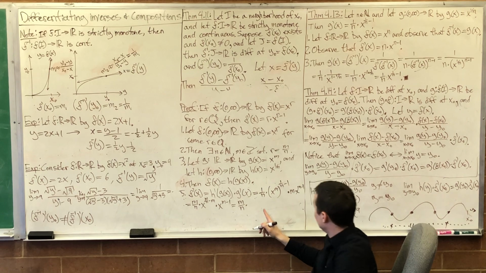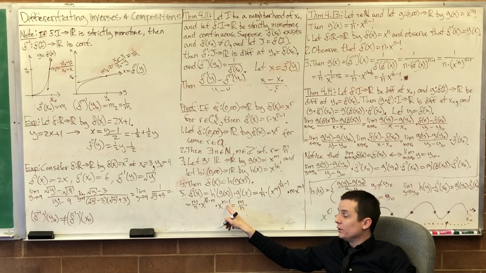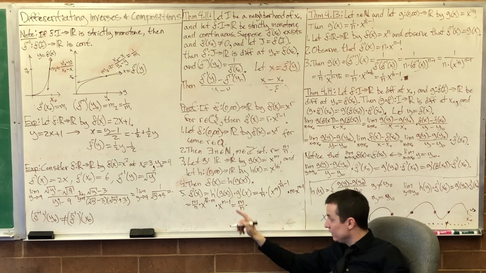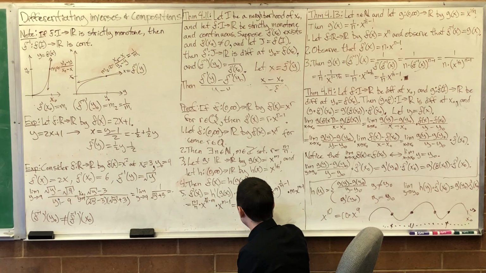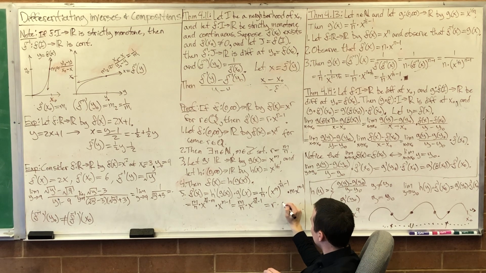Okay. So now, when you multiply terms, you add exponents. So I have m over n minus m plus m minus 1, which leaves me x to the m over n minus 1. And now if you write that in terms of r, it's just r times x to the r minus 1.